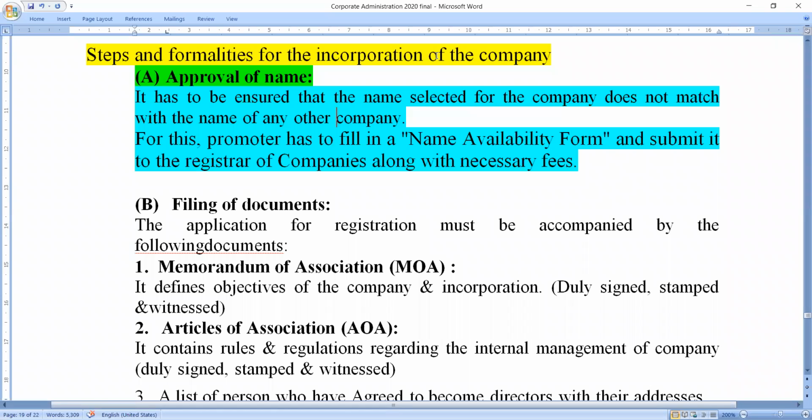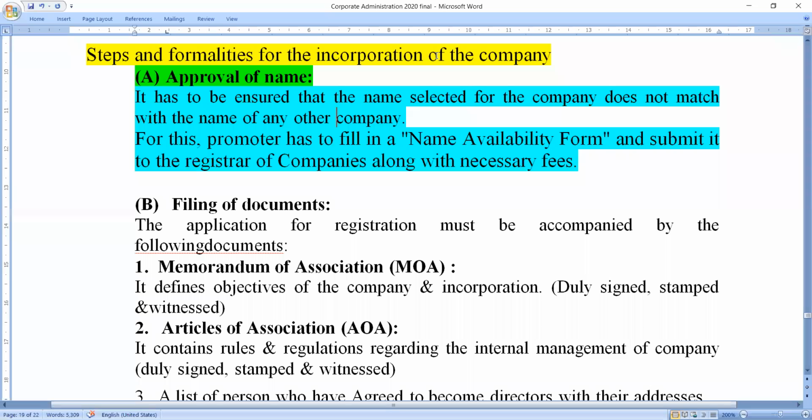Three Roses: the name is registered, the brand is registered, the symbol is registered, and the color is registered. Why? Because each and everything is important and essential to the organization. So the name availability form will be filled up by the promoter and submitted to the Registrar along with the fees. So this is the first step we are involved in at the incorporation stage.